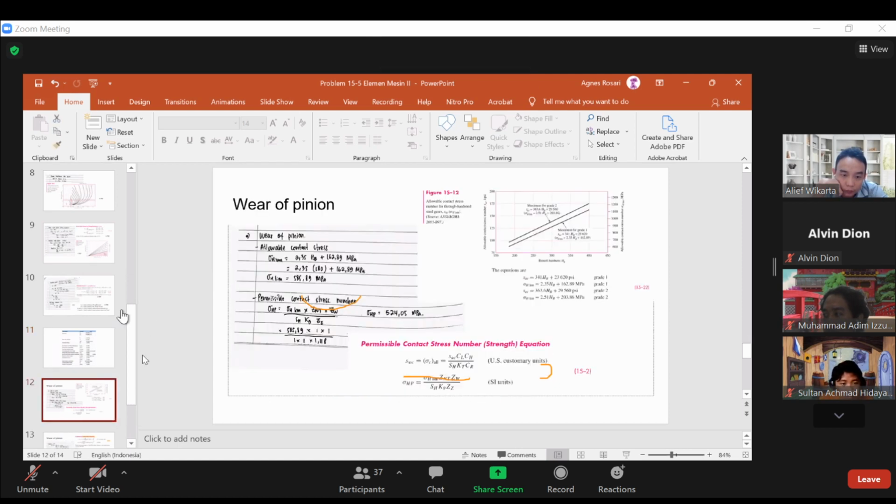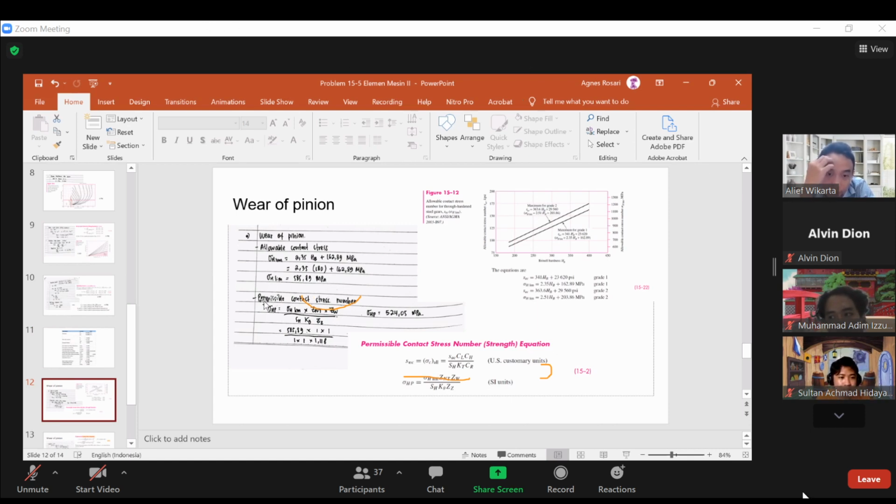So for the pinion, first we find the allowable contact stress, which we can find using equation 15-22 using grade 1, and we got the allowable contact stress equals 585.89 MPa.